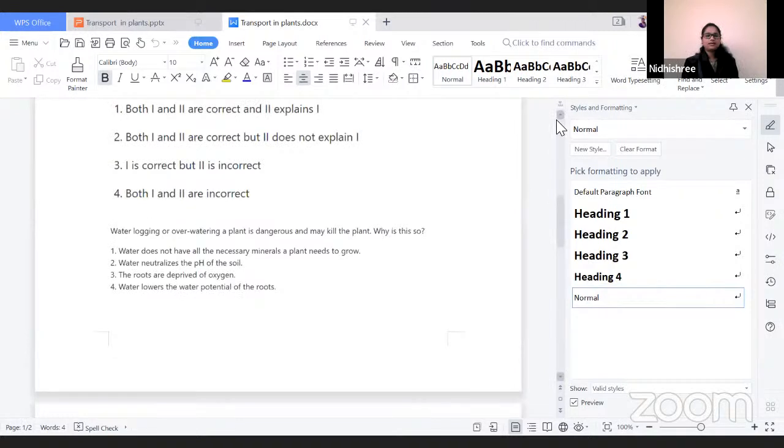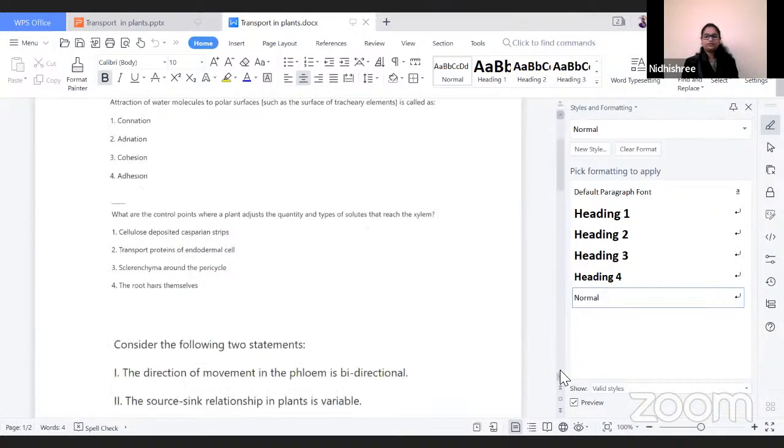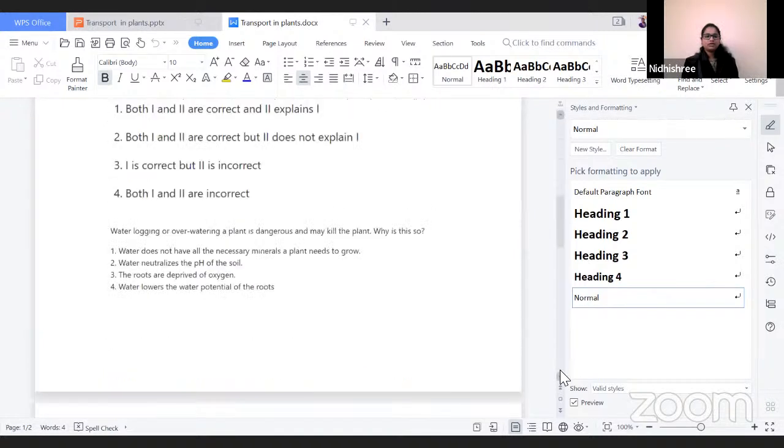The third question, option A is the right answer.